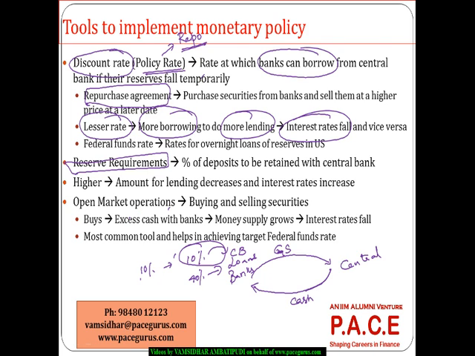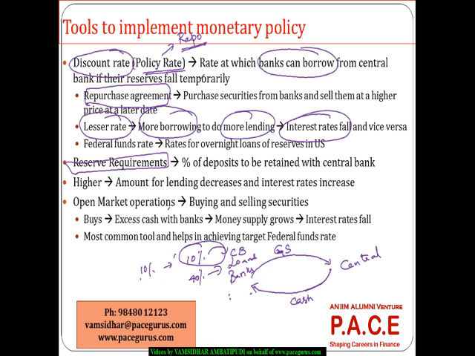Now, what could happen here? The central bank can either increase the reserve requirement or decrease it. If it is increasing it, obviously the banks have to deposit more with the central bank, so less money is available for lending. The supply becomes much lower, which results in an increase in the interest rates.